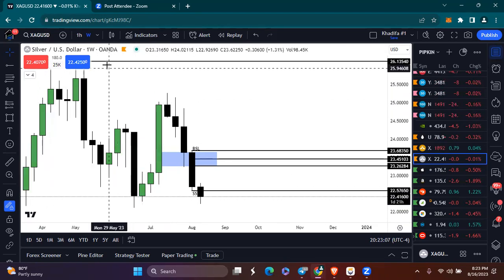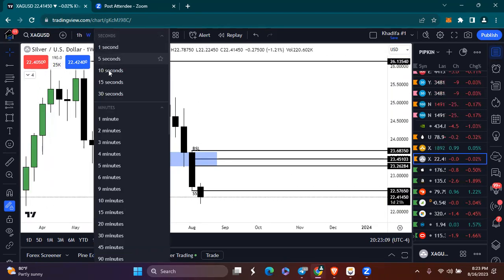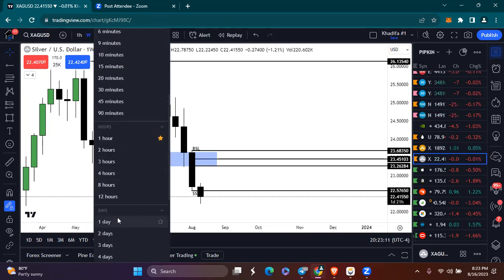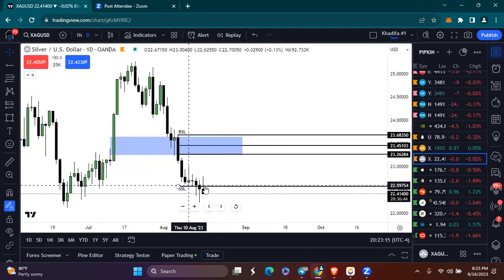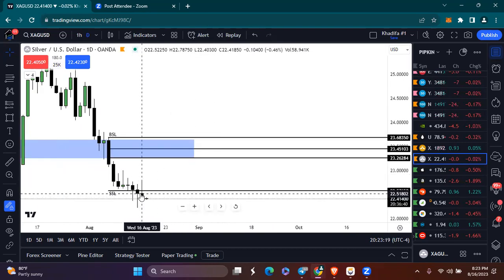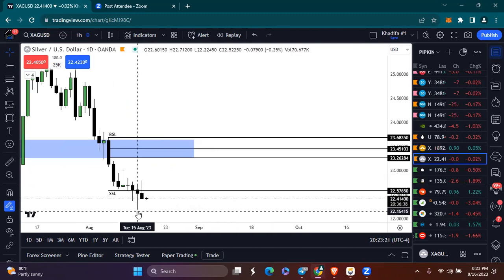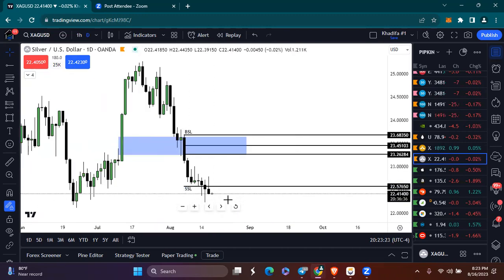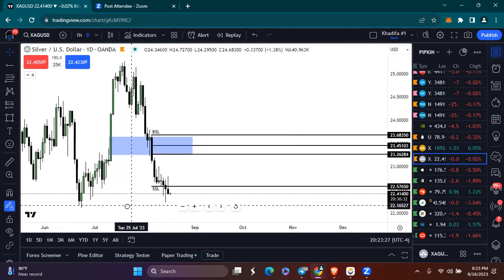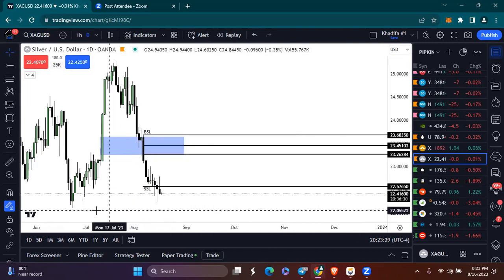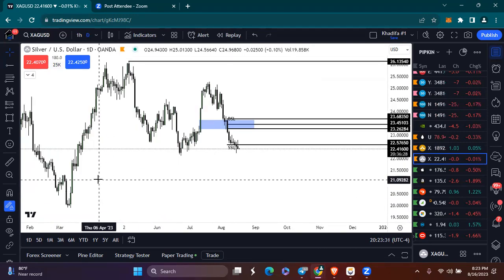So go down to the daily. Broken, ran the sell side liquidity, broken close below it twice. Today was a good close below it. So I don't see why we wouldn't start running sell side liquidity.